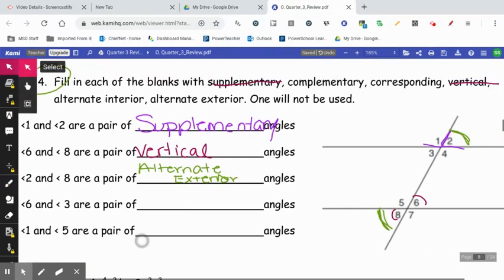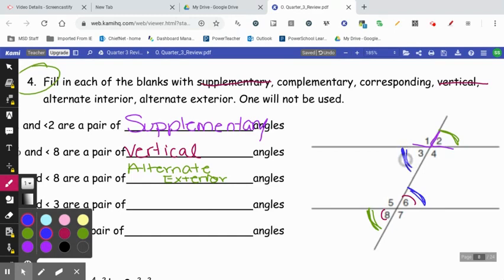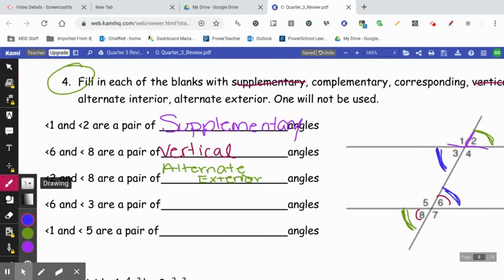Next we have 6 and 3. So that would be this one and this one. They're on opposite sides of the transversal and inside of the parallel lines, so those are going to be your alternate interior.